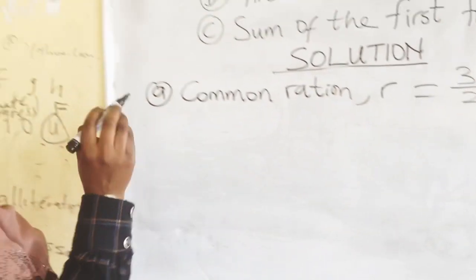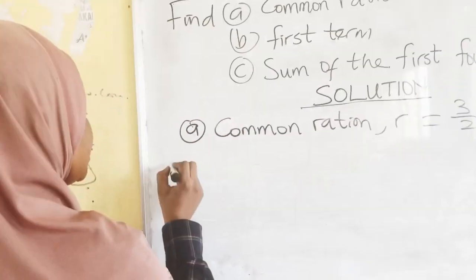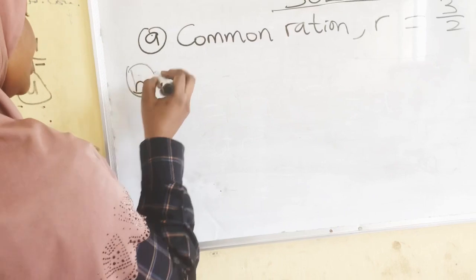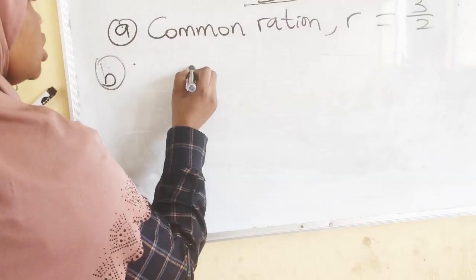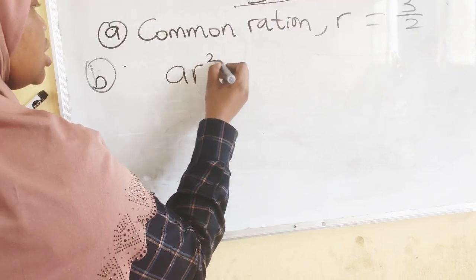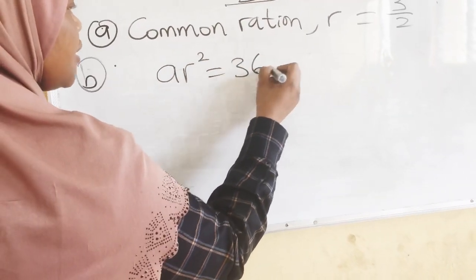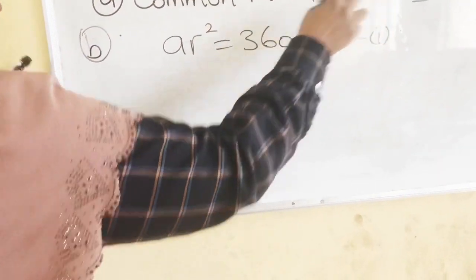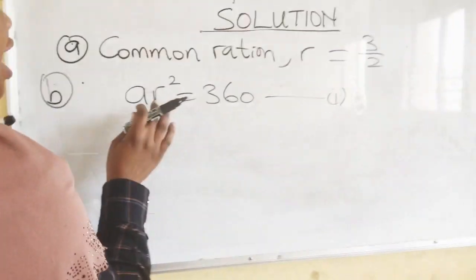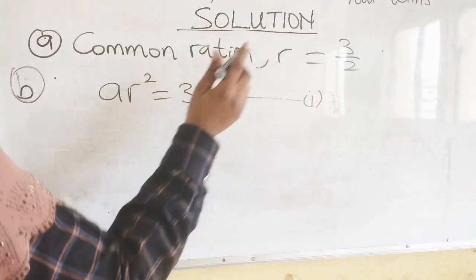So having known that one, we can easily find the first term. From equation 1, which is A R squared is equal to 360. So substitute the value of R into it. Wherever we see R, we're going to put 3 over 2.